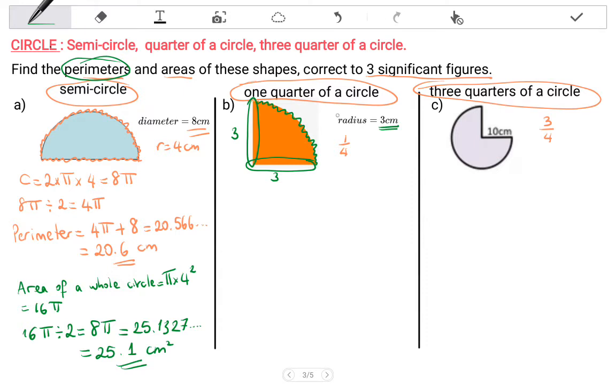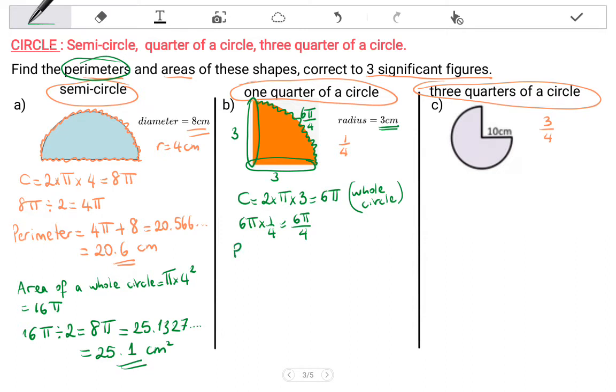So let's calculate the circumference of a circle with radius 3. It is 2 pi r, so it is 6 pi. Okay, this is the circumference of a whole circle, and I am going to take 1/4 of it. So 6 pi times 1/4 is 6 pi over 4. Leave it like that. So 6 pi over 4 is the length of this piece.